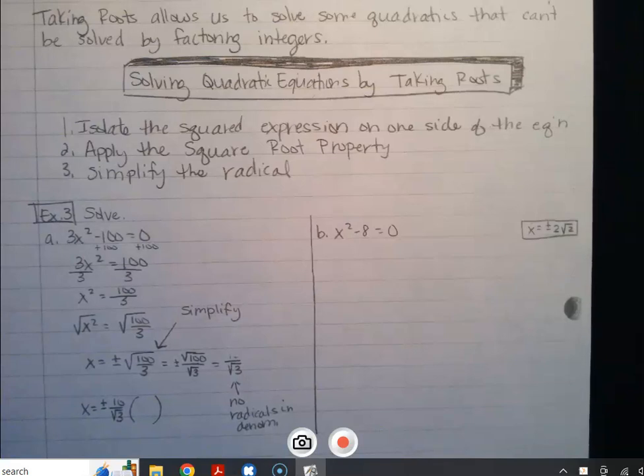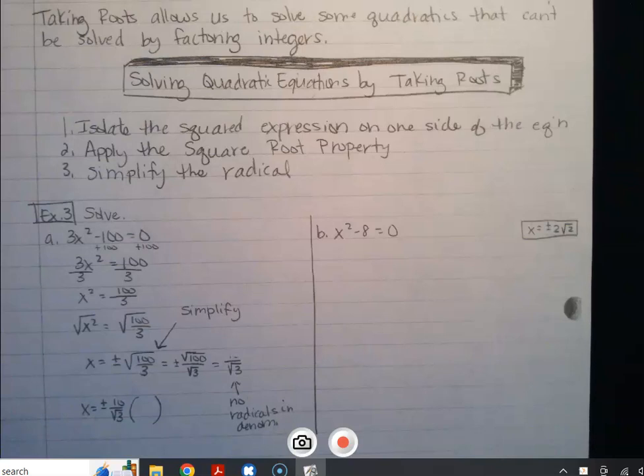So the first factoring methods that we learned are ideal, but for the ones that you can't factor, you have to have a different tool in your toolbox. Sometimes you need an impact driver, other times you need a drill, or a wrench instead. We have to have different tools in our toolbox. So this one, solving quadratics, we can do by taking the roots.